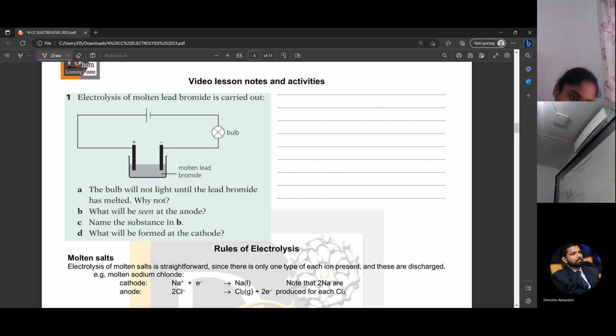So what color is the gas? You saw, right? Brown. They haven't asked for the anode and cathode reactions, but you write the anode and cathode reactions also. Let me see whether you can apply what you just learned.